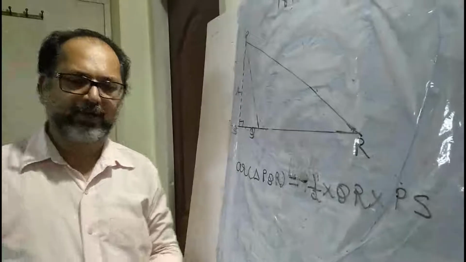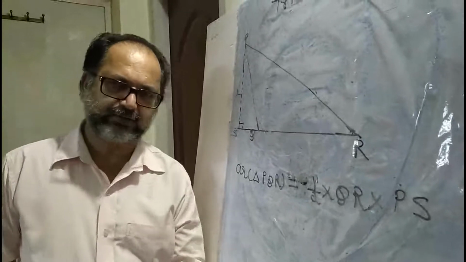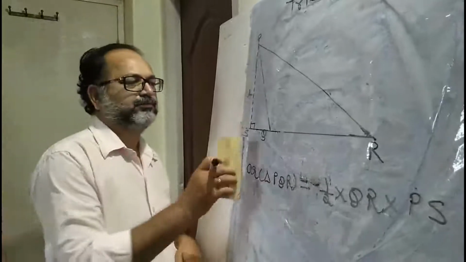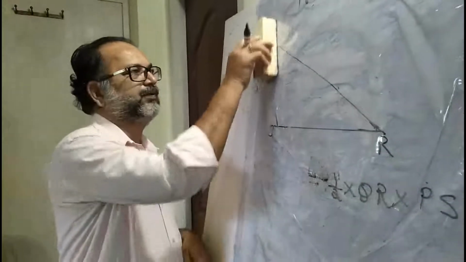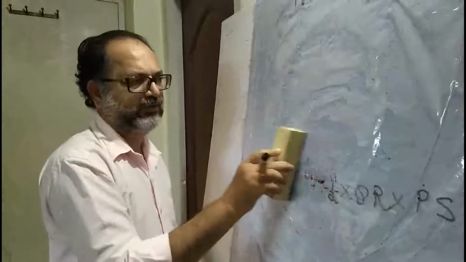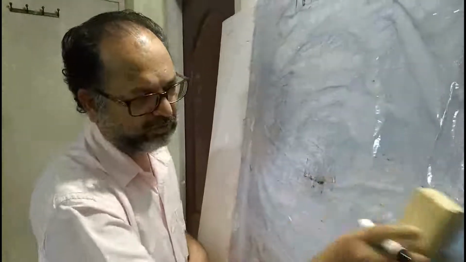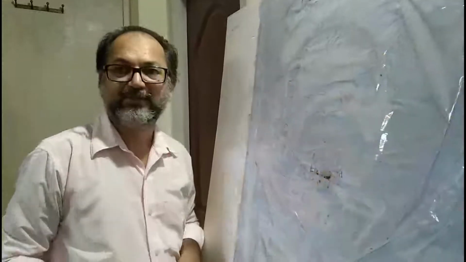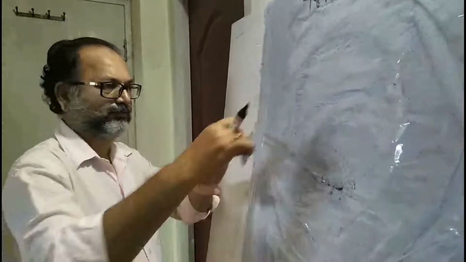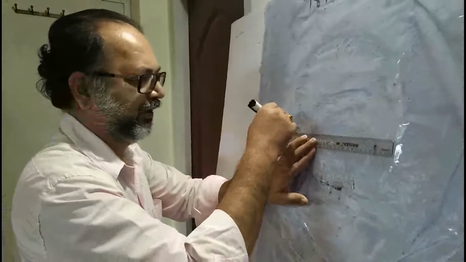One more thing I require to prove the first theorem, which I am going to explain to you later, is the one thing which we had learned last year about areas of triangles on the same base and between the same parallels. Let me draw two parallel lines.